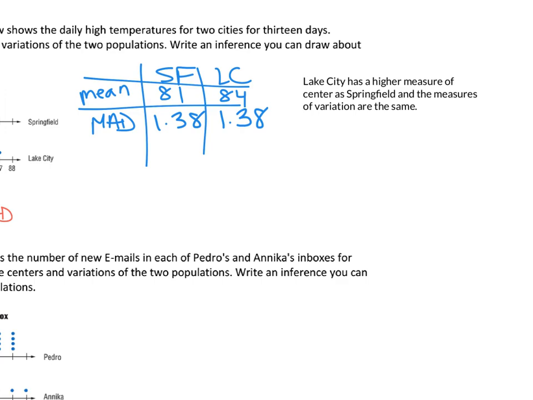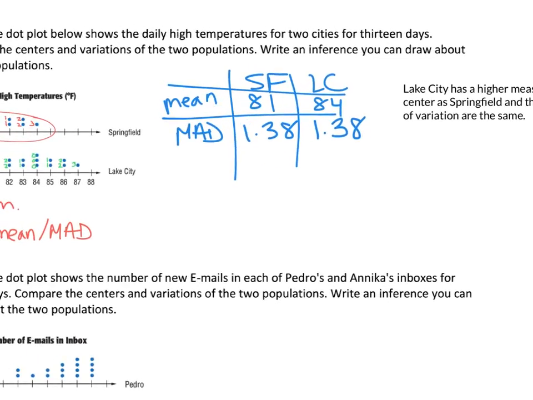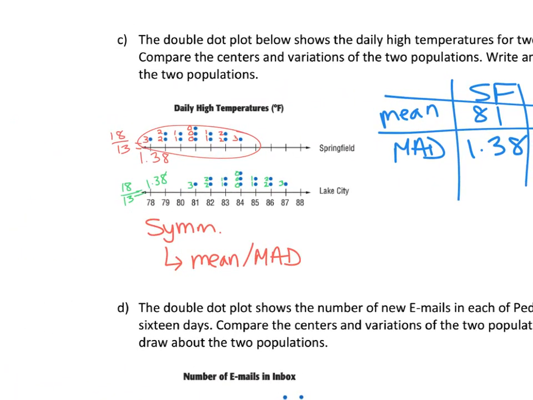And now let's make an inference. We're talking about daily high temperatures. Looking visually at the data, Lake City definitely has higher temperatures. So that's what we're going to say.